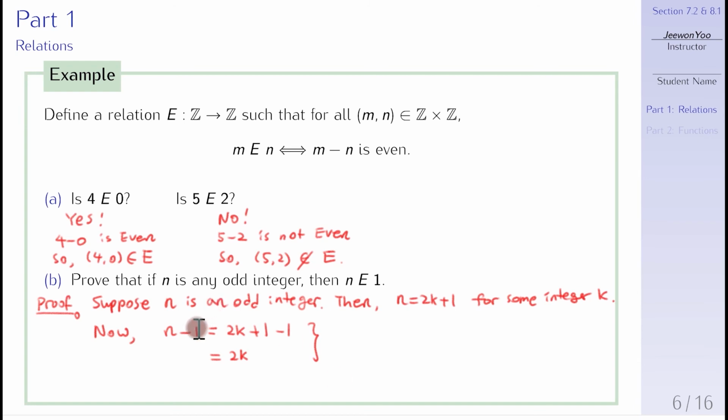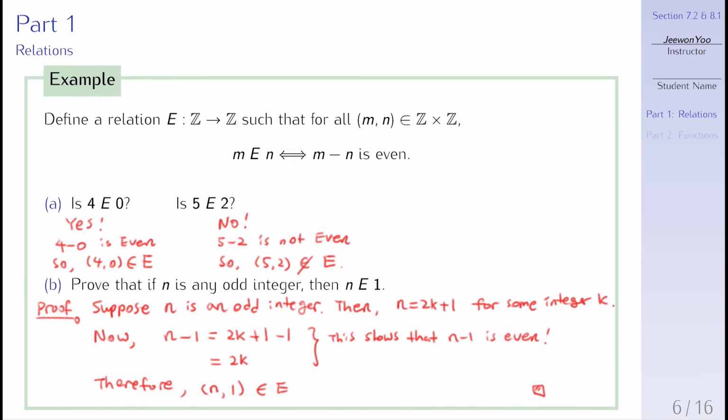Did you notice that n take away 1 is 2k, but 2k is what? It's an even number. Therefore, this (n, 1) belongs to E. That's the end of the proof.